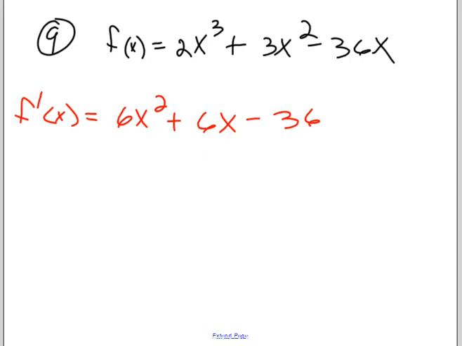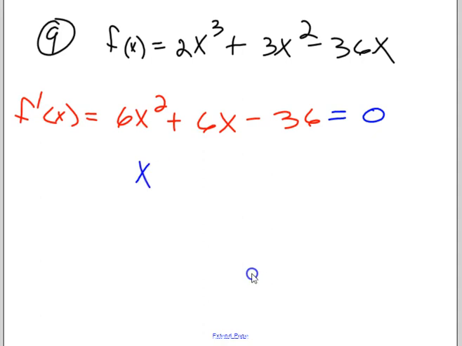In order to find increasing and decreasing, I need to substitute in various values. But instead of just randomly picking some, let's see if I can figure out where the max and mins occur by figuring out where that equals 0. Now, the question really wasn't about max and mins, but there's a relationship. Here's the thing I notice.